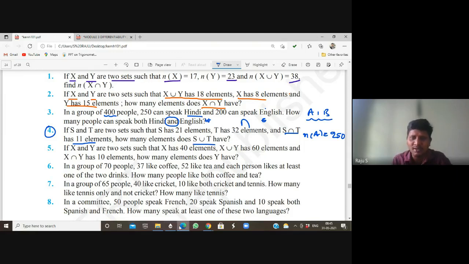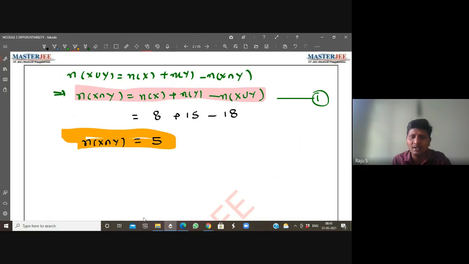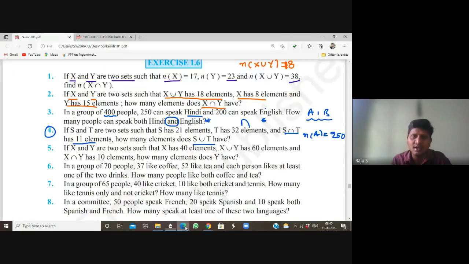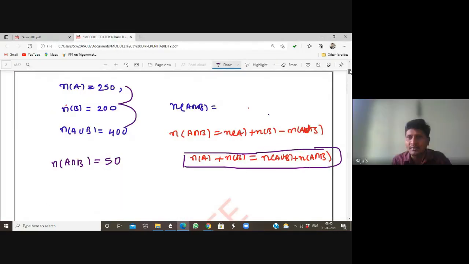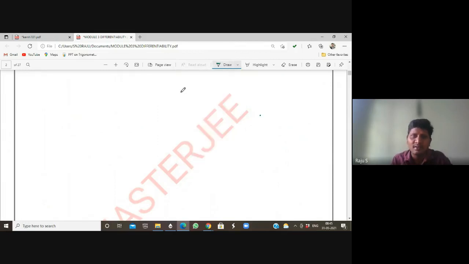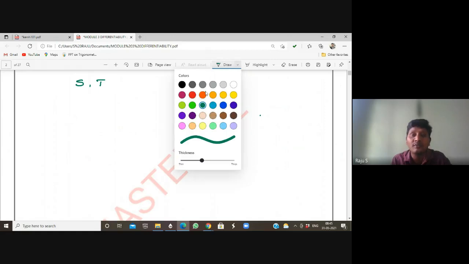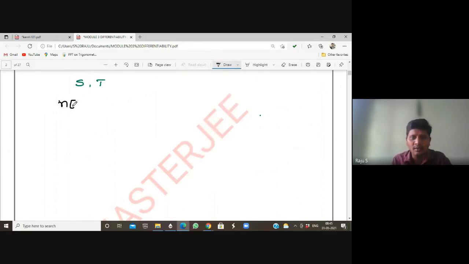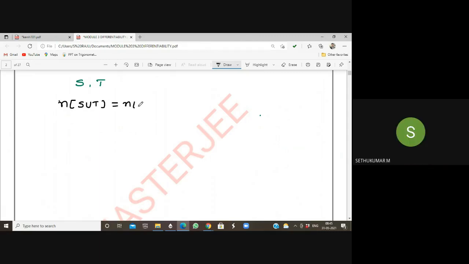What is the formula? Same formula, but we should write it in terms of S and T alone. So n of S union T is equal to n of S plus n of T minus n of S intersection T.